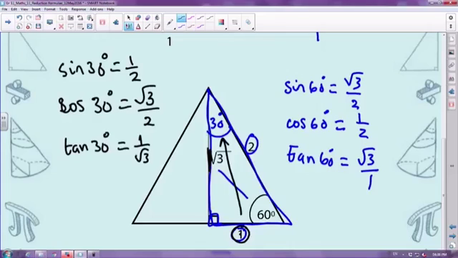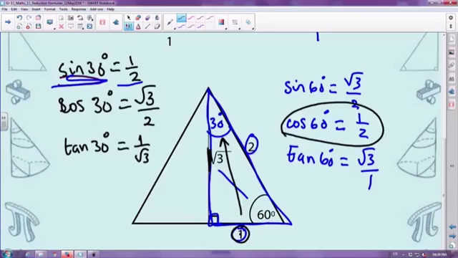Now, there's something interesting here, guys. If you look, sine of 30 is a half, which is exactly the same as your cos of 60. Now, see what happens. There's a 30, there's a 60.